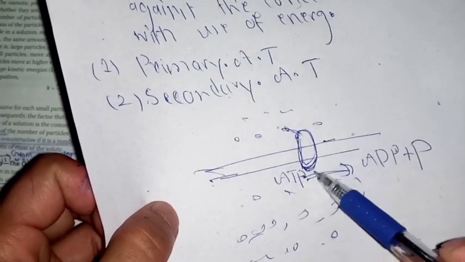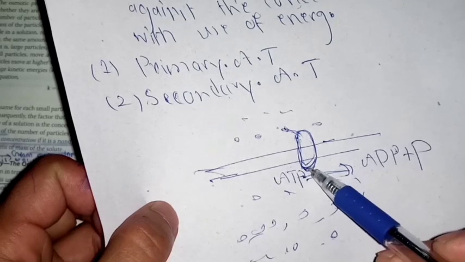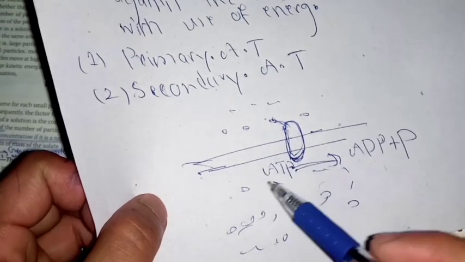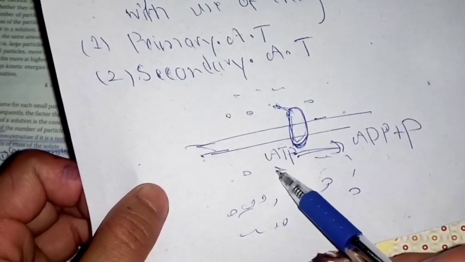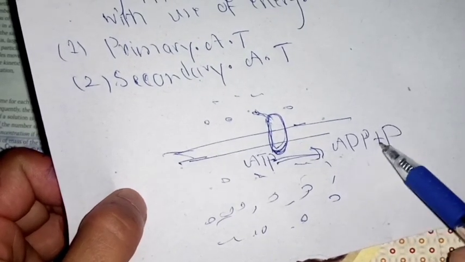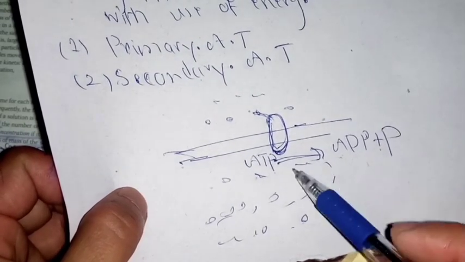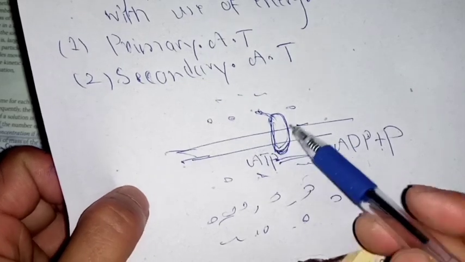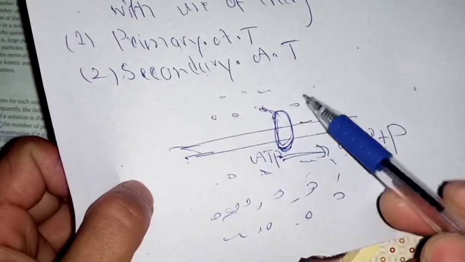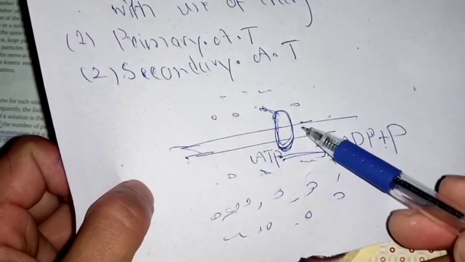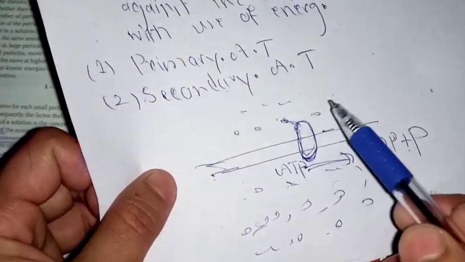This carrier protein contains enzymatic activity, and with its help it converts adenosine triphosphate to adenosine diphosphate and inorganic phosphate, and the energy which is released is used by this carrier protein to carry the substance against its concentration gradient. We will further discuss the examples.